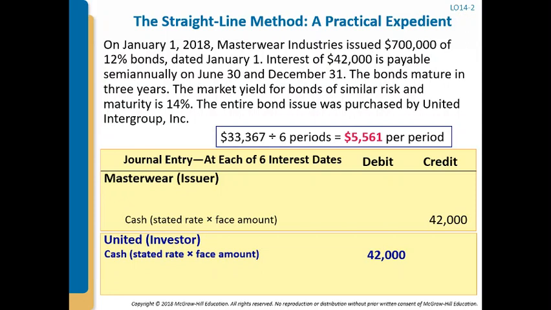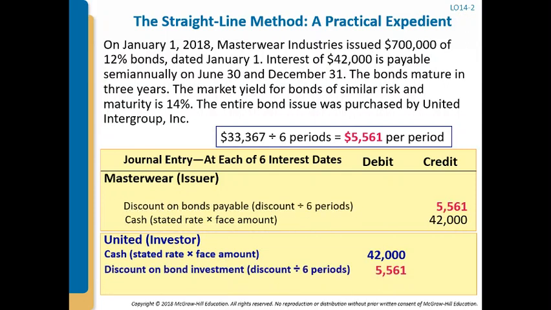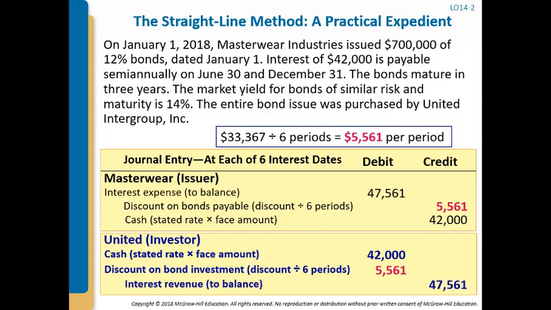In the straight line method, you simply amortize the same amount over all 6 periods, by dividing the 6 periods into 33,367, which is 5,561. So here you would simply credit discount on bonds payable every period for 5,561, and that would be your interest expense.